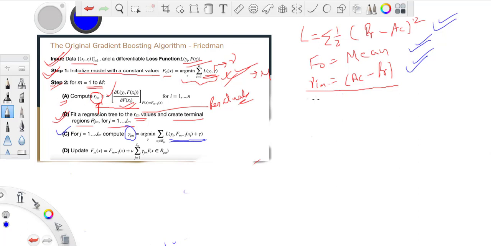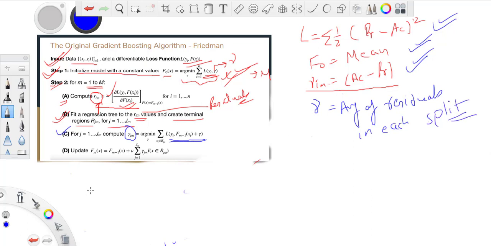So my gamma now becomes the average of residuals in each split. This is what I've got. Now the last step is saying that you need to update the prediction of the current model with the prediction from the last model plus the shrinkage parameter times the gamma value you have received.